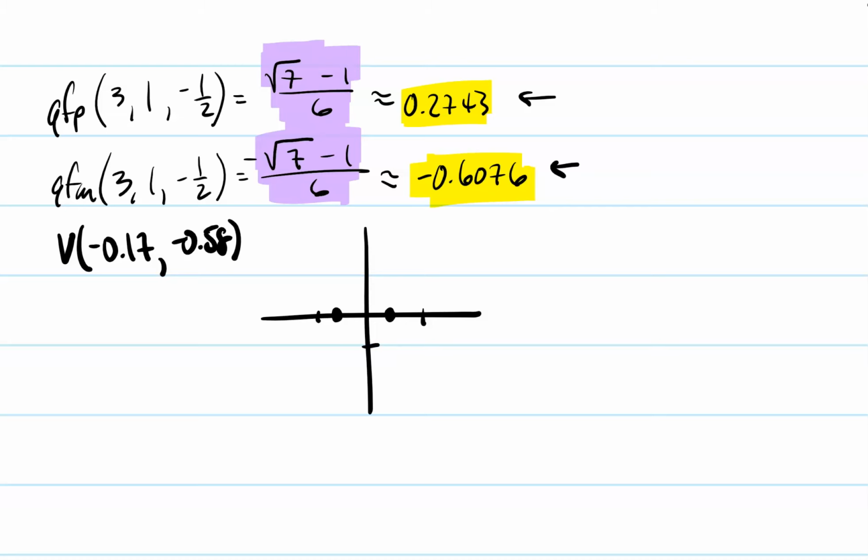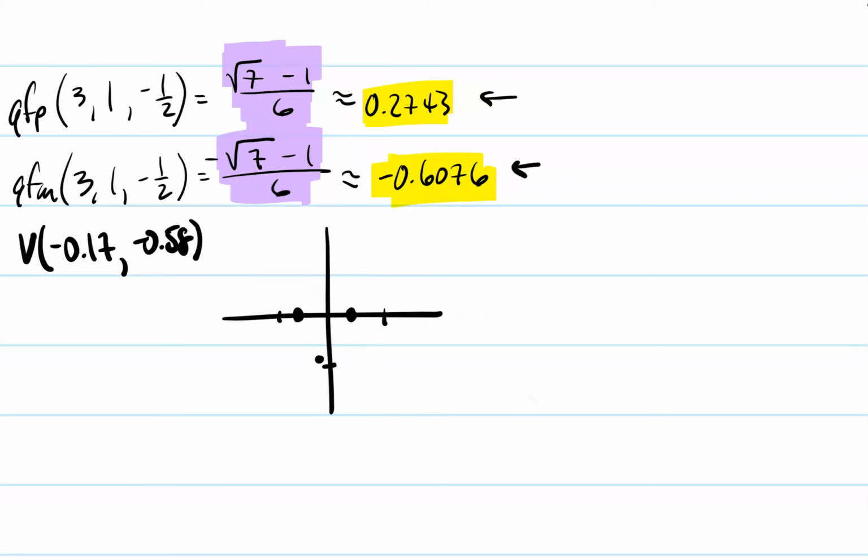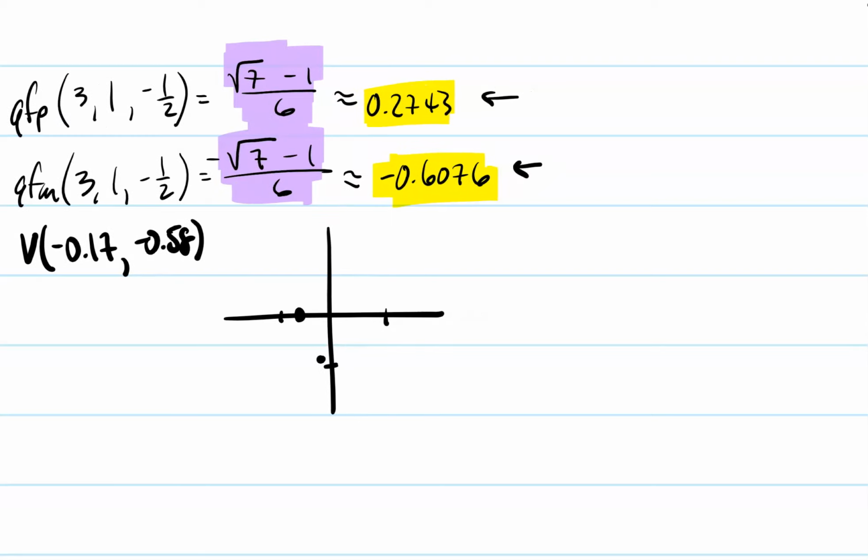Left 0.17, so left 0.2 units, a little bit less than a quarter, and down -0.5. So that appears to be this position right about here. See, my scaling's a little bit off. Let's see, this is about 1. So maybe right about here. And again, it's not perfect, especially without a grid. I think I probably should have shifted that one a little bit to the left. But now we have a general understanding.